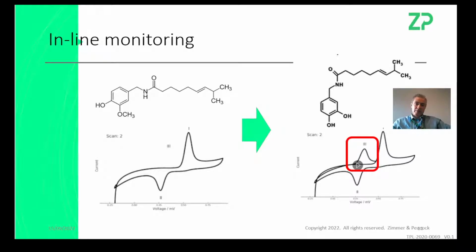Electrochemistry is very powerful because you can have this electrode in line recording multiple CVs, and then watch the transition of these cyclic voltammograms with time. Once the conditions are correct, the product signals should enhance and the starting material should disappear. And by the way, you can also get conductivity out of this spectrum.